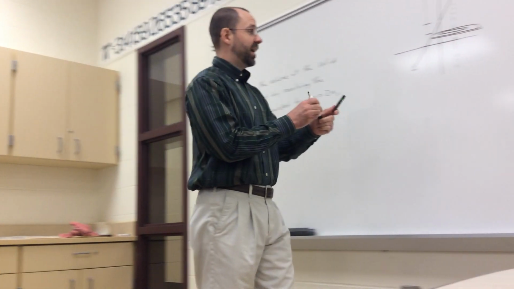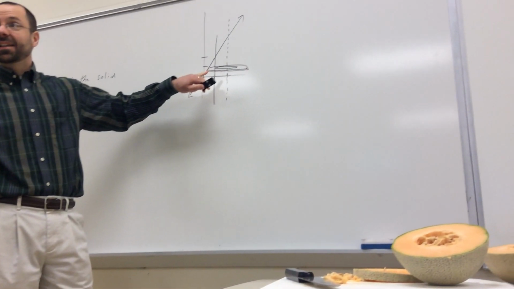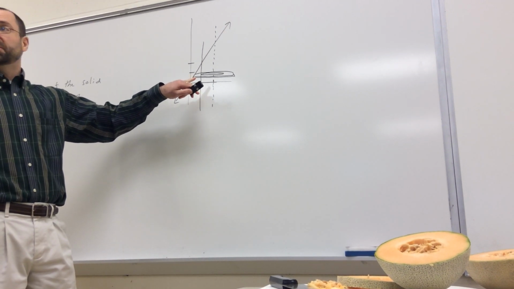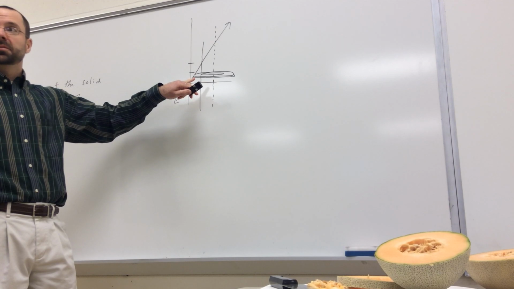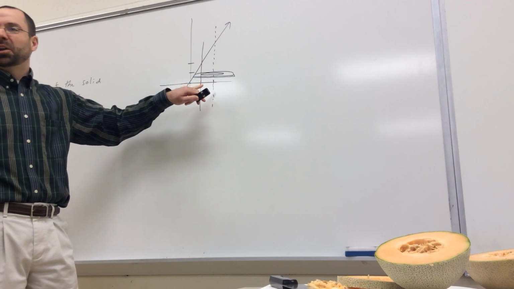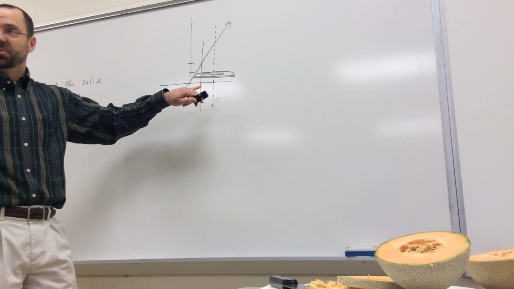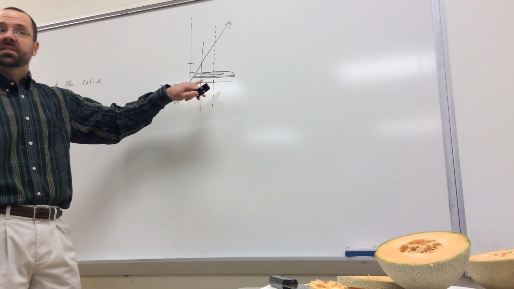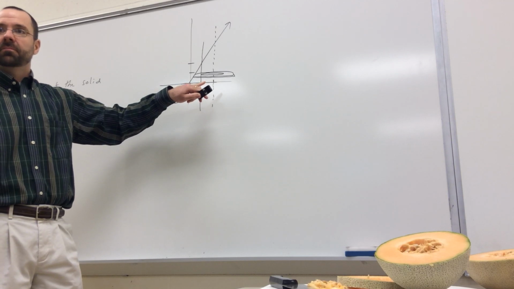So our job is to find the volume of that cantaloupe slice, right? So how do I find the volume of a slice like that? I think I said area, I meant volume. So volume of the cylinder on the outside minus the volume of the cylinder that's cut out, right?